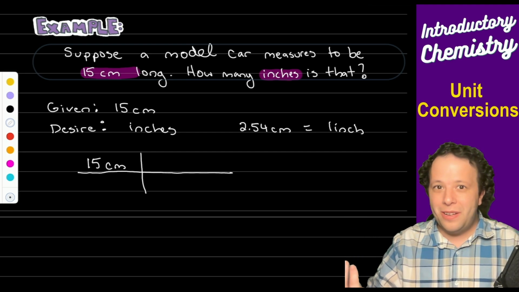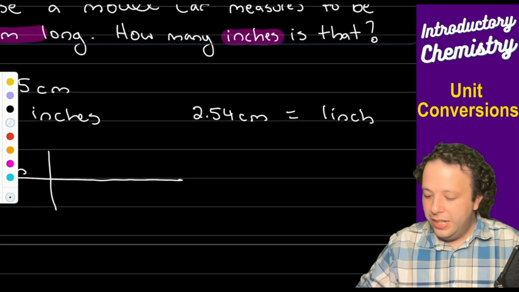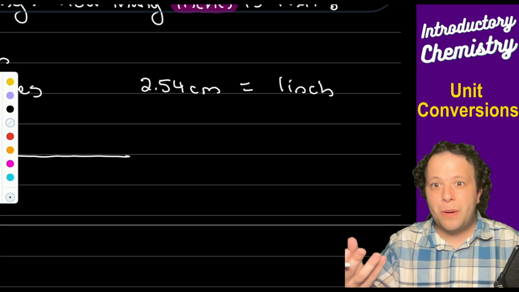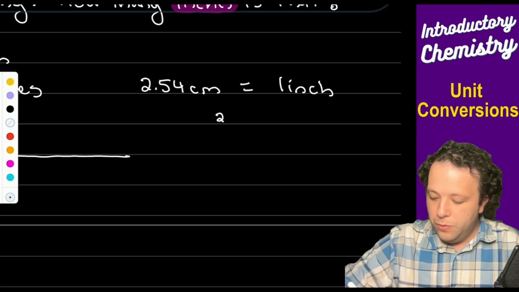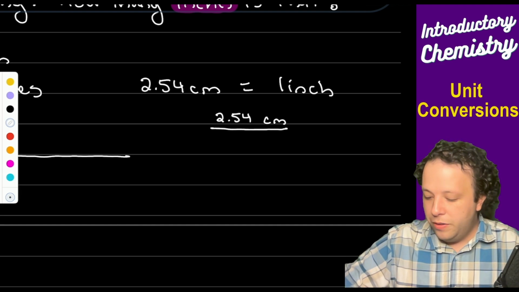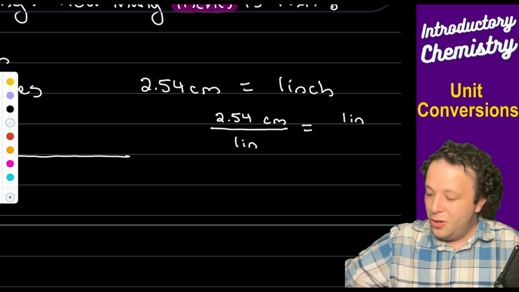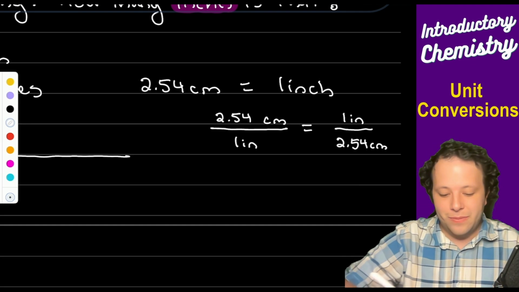So when you have that relationship, that they are equivalent to one another, we can illustrate that as equal. But they are also representative of ratios or fractions. So we can say 2.54 centimeters is equivalent to 1 inch, or we can write the reverse or flipped version of that, where 1 inch is equivalent to 2.54 centimeters.